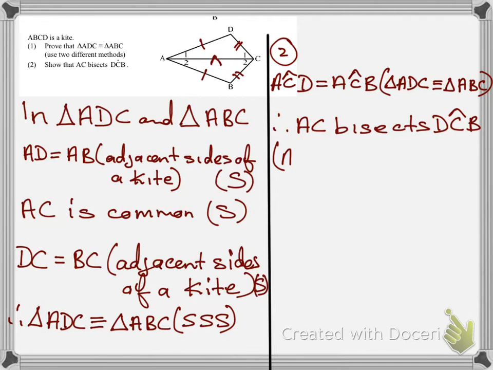So since those 2 are equal, it shows that the angle DCB is bisected by the diagonal, the line AC. You see that? Because those 2 angles are equal, which are corresponding angles of congruent triangles. Right, let's move on to another problem.